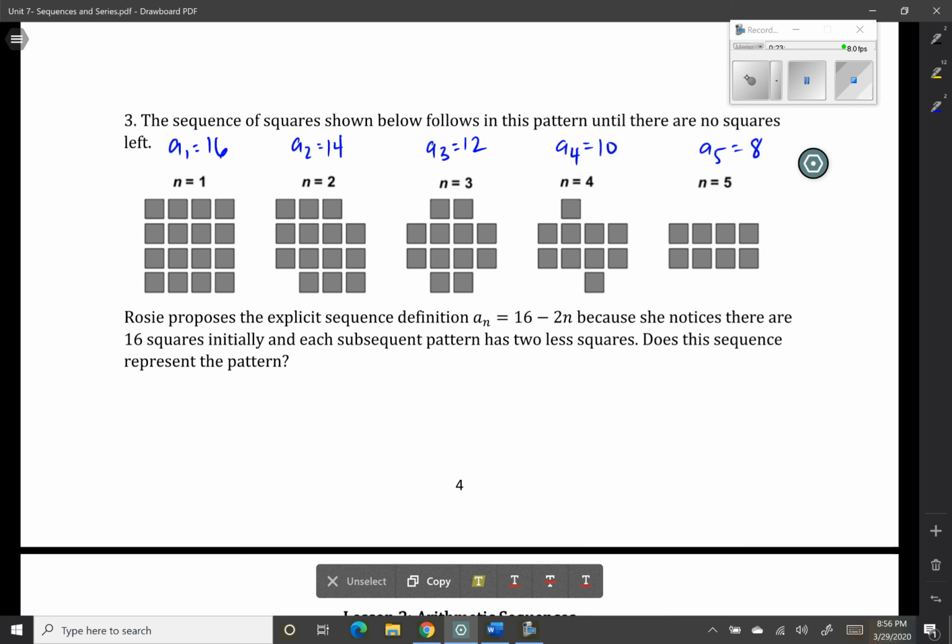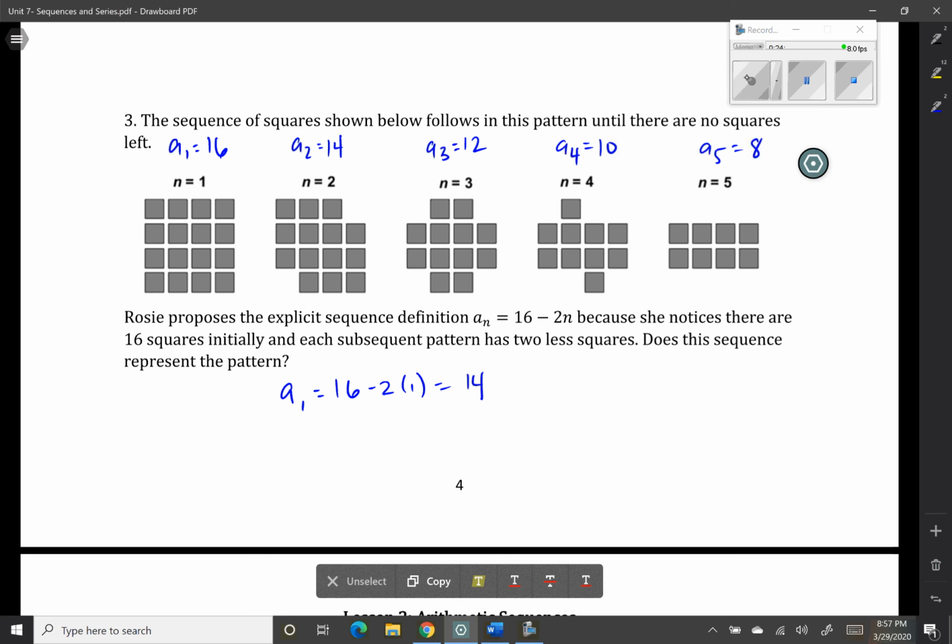So if we were to plug in A sub 1, I would have 16 minus 2 times 1, which would give us 14. That doesn't work because the first term of the sequence should be 16. Now, it's going to eventually generate a pattern similar to this one. I'm not at the right starting number.